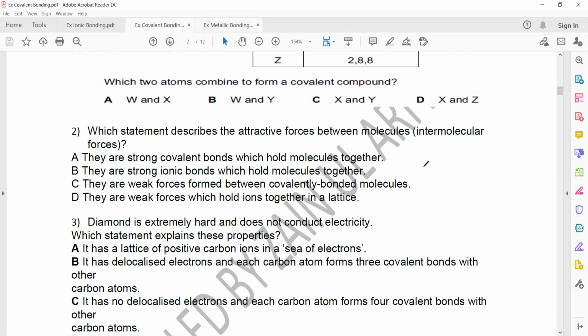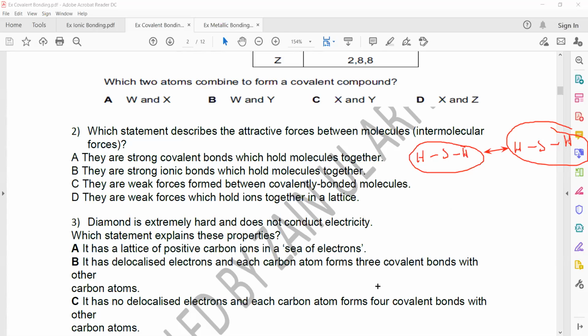Like if you have a covalent compound such as hydrogen sulfide, this is one molecule of hydrogen sulfide and this is another molecule of hydrogen sulfide. The force between the molecules is called intermolecular force.